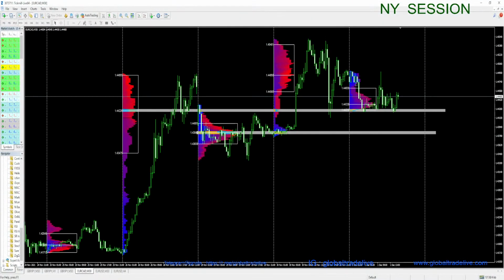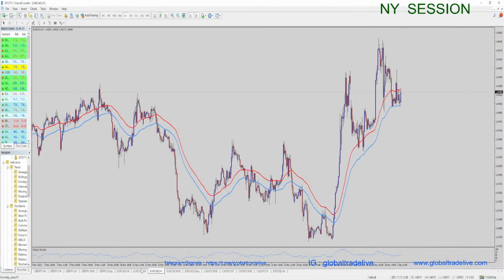$15 left for the 4-hour candle to close, and let's have a look at the 4-hour in EuroCAD.